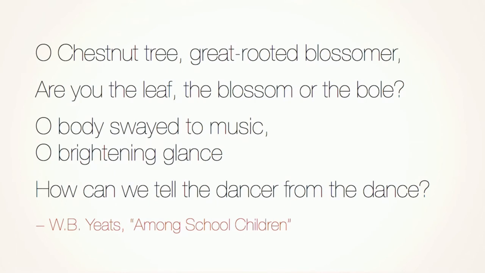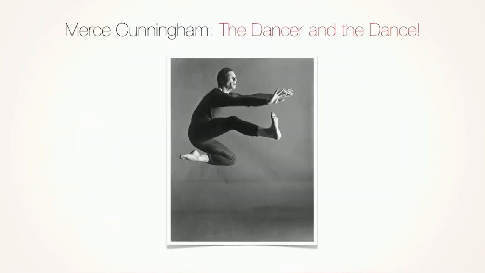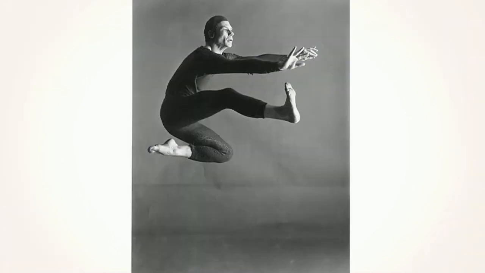O body swayed to music, O brightening glance, how do we tell the dancer from the dance? And here is Merce Cunningham. I was fortunate to dance with him when I was younger. And here he is a dancer, and while he's dancing, he's both the dancer and the dance. The minute he stops, we have neither. So it's like form and function.